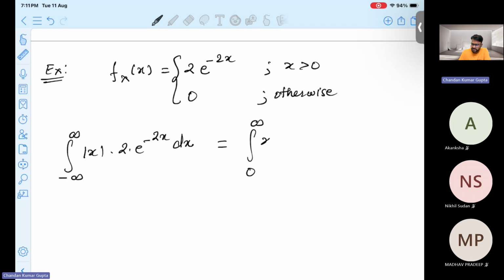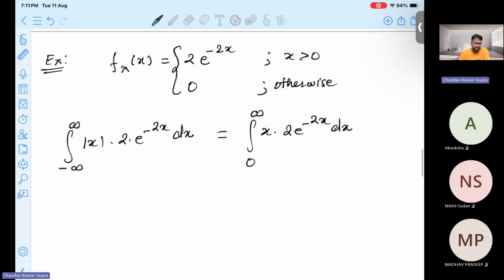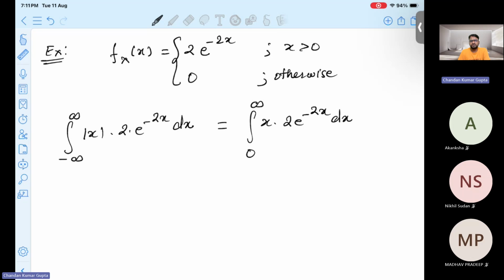Obviously, for e^(-2x), we already know the series formula for e^x. Once we put those formulas, we get 1/2, which is a finite quantity. So that means its expectation value exists. So this is the meaning of expectation.